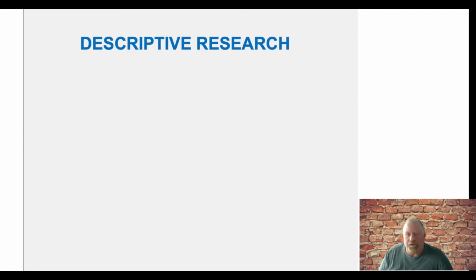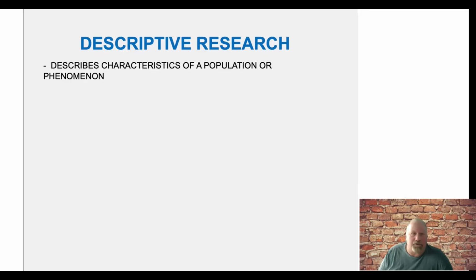The next, and this is probably the most used research type in organizations to help us make decisions, is what we call descriptive research. This describes what's happening out there in the marketplace, or describes the nature of a problem that's occurring for us. So it describes or characterizes a phenomenon that's happening in the total population. I'll give you an example. In descriptive research, we might want to monitor our market share.